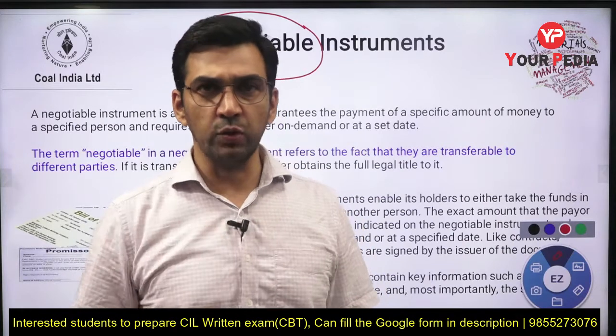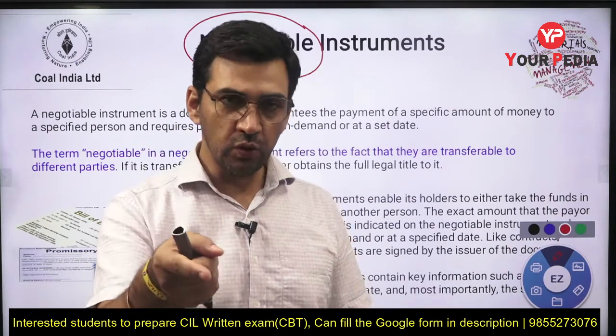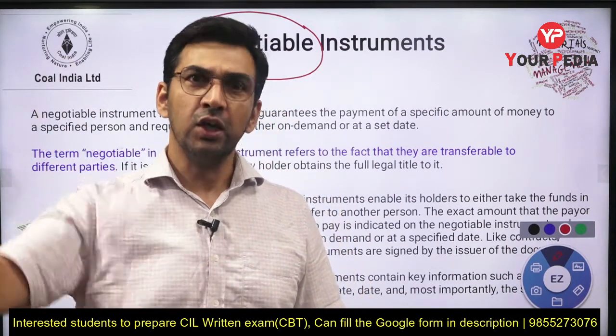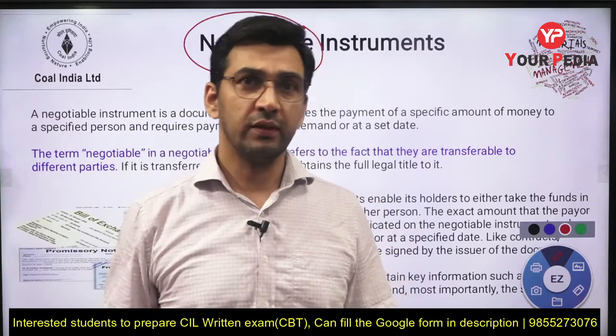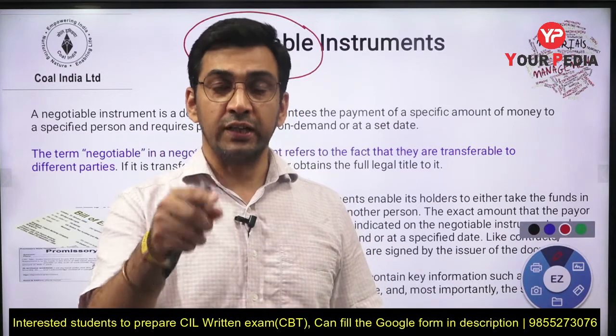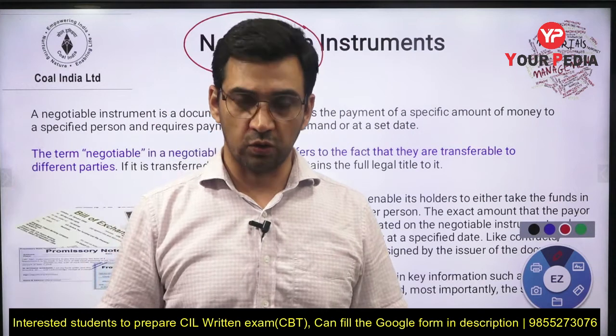Even though I am obliged to pay you, you are saying that I have taken money from some other person, so why don't you pay directly to him? So it means it is possible for us to transfer that payment to some other person also.